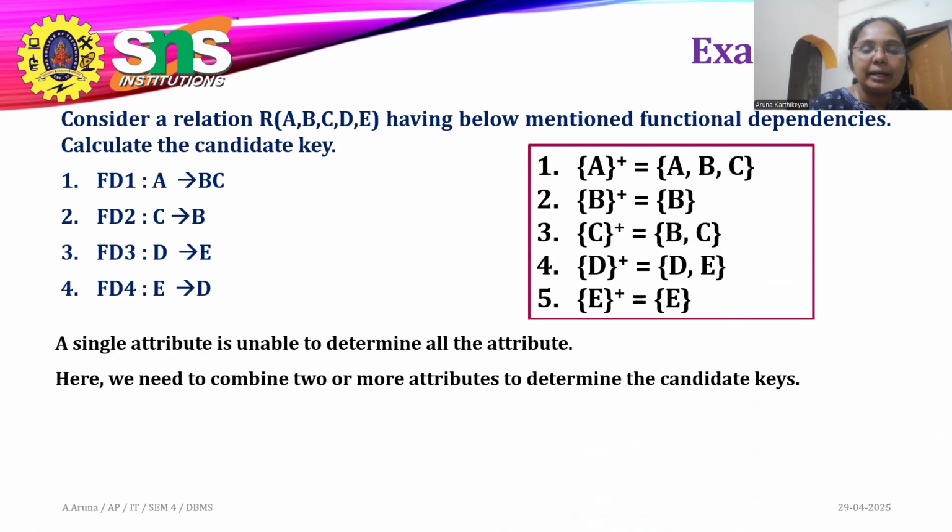So next we have to go for combinations, that is AB, AC, AD, AE. Otherwise I can go for ABC, ABD, ABE, ACD, ACE. Similarly, I have to check the same procedure for calculating the remaining super keys and their candidate keys.